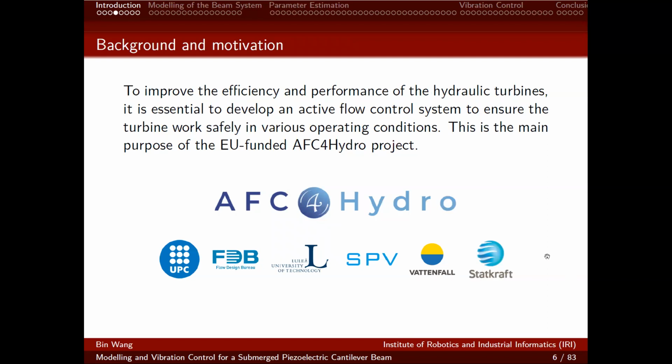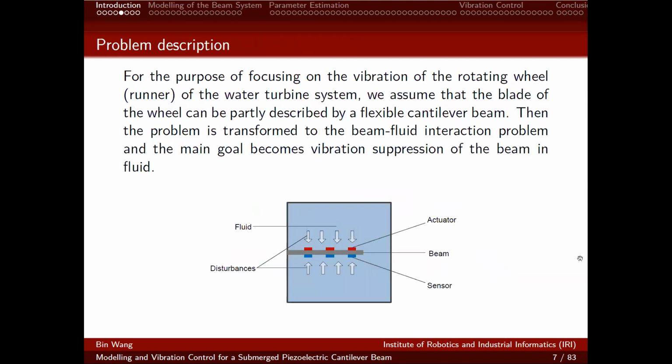We at UPC mainly focus on the fluid structure interaction problem. For the purpose of focusing on the vibration of the structure of the water turbine system, we assume the blade of the wheel can be partly described by a flexible cantilever beam.